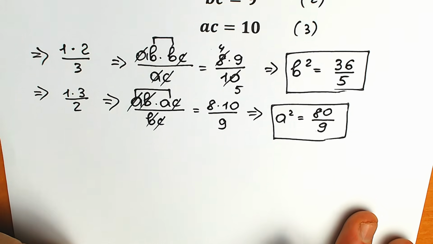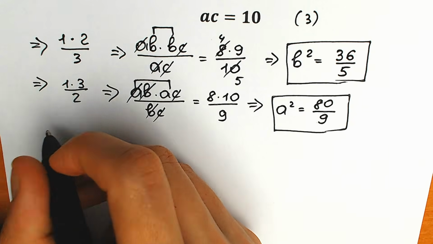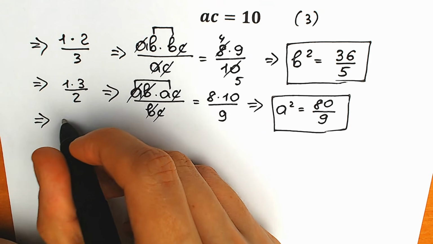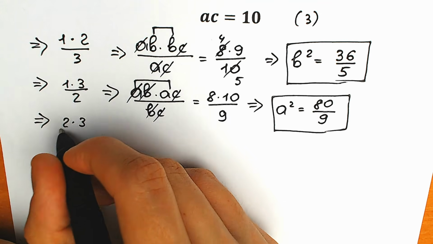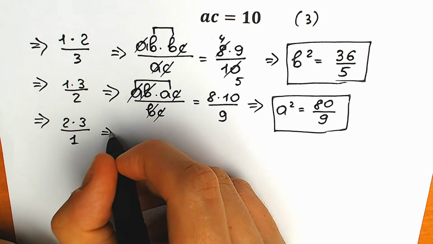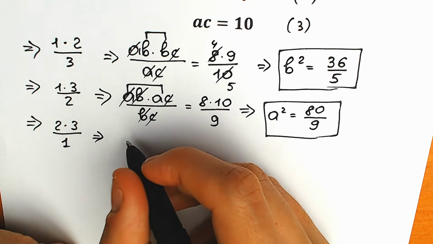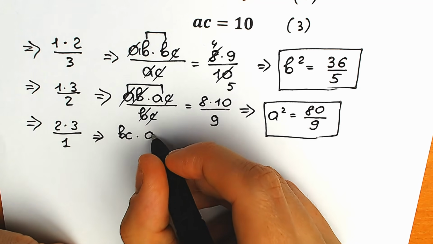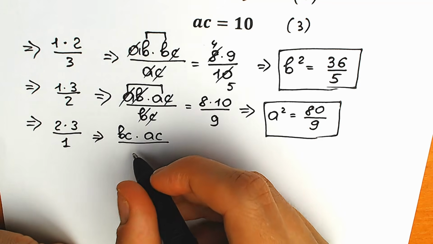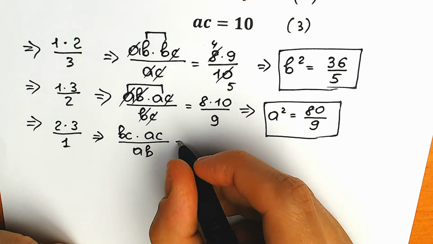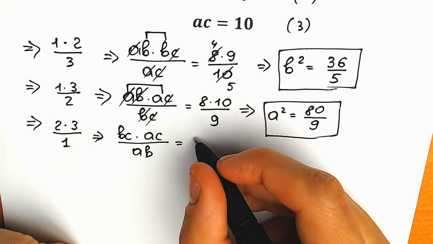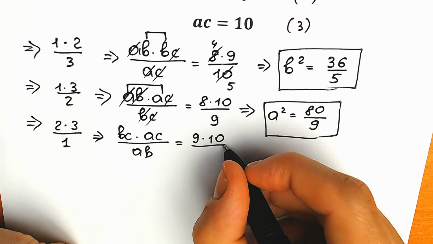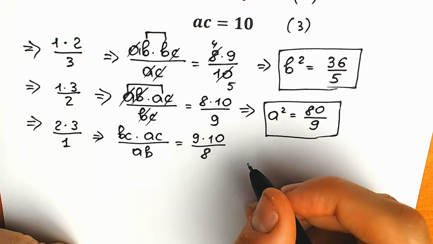Okay, now let's go to the next step, our last combination. Let's write this combination as second times third over first. We haven't had this combination yet. So second BC times third AC, divided by the first, AB. On the right side, in terms of coefficients, BC equals 9, AC equals 10, all over AB equals 8.